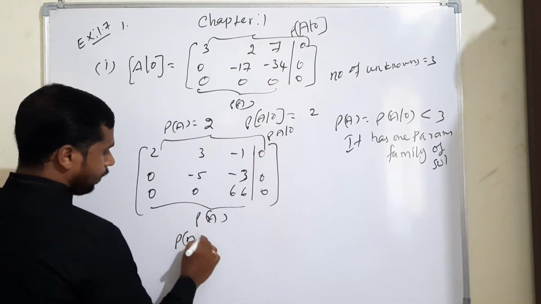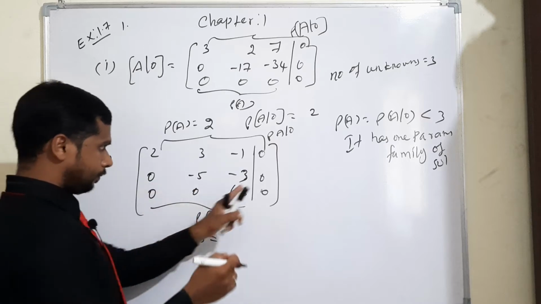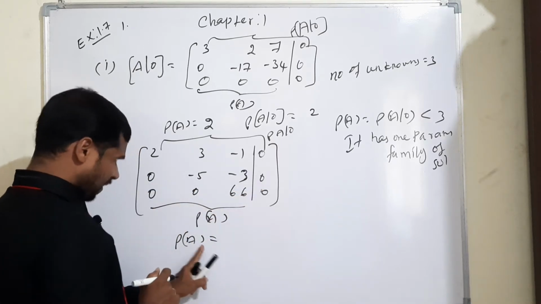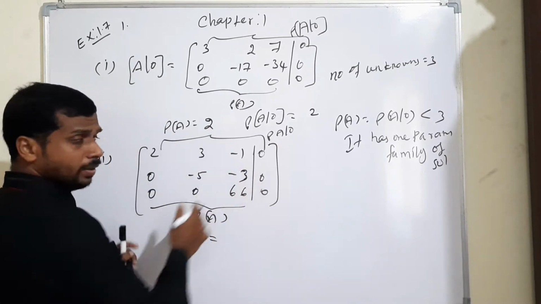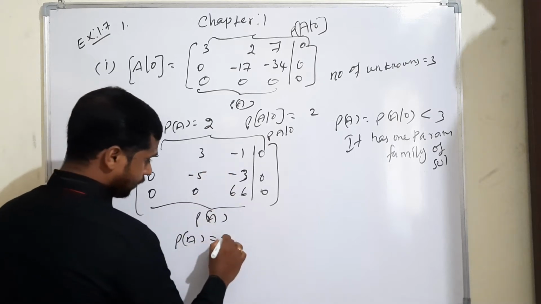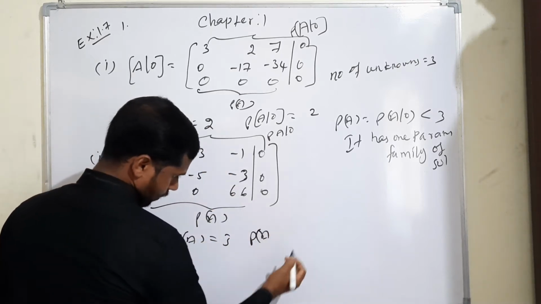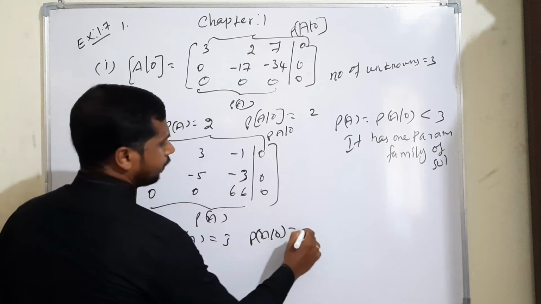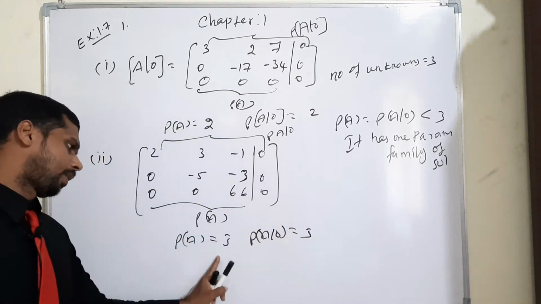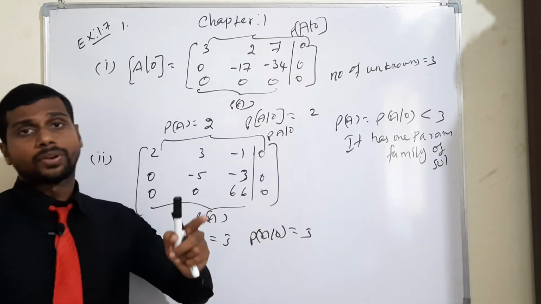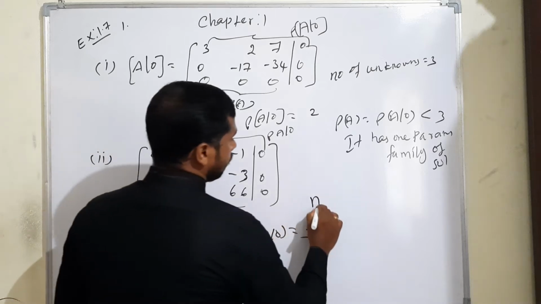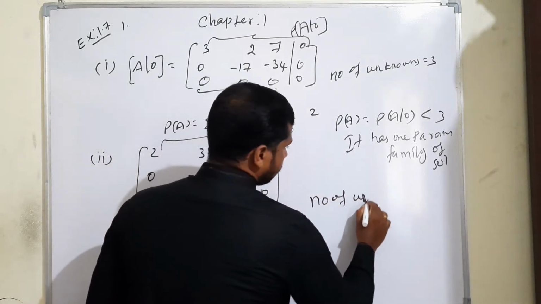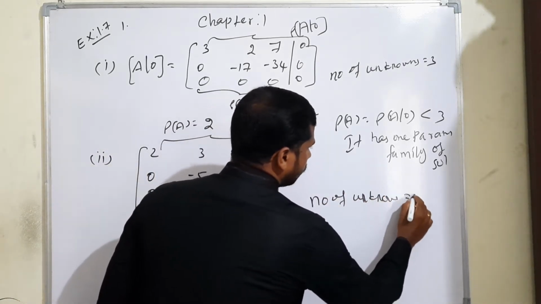So the rank of A is equal to the number of non-zero rows, 1, 2, 3, and the rank of A with O is also 3. So 3 and 3, and the number of unknowns is also 3.